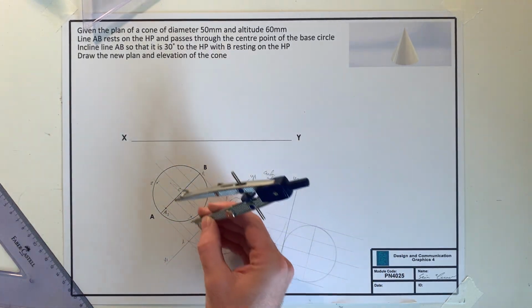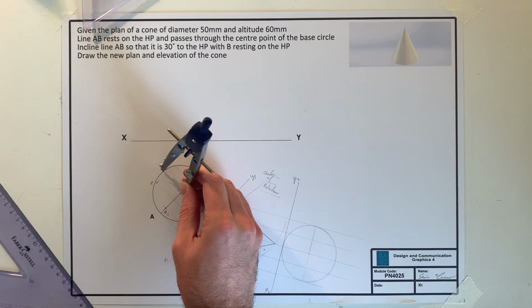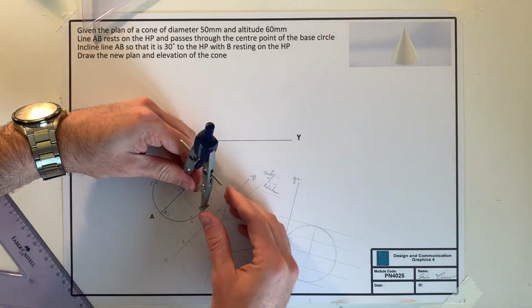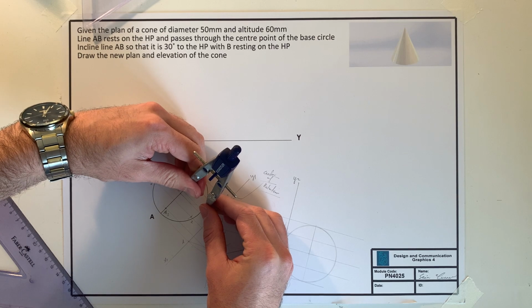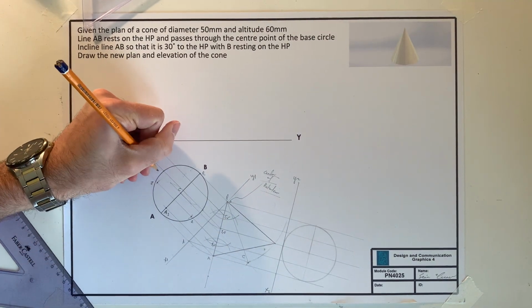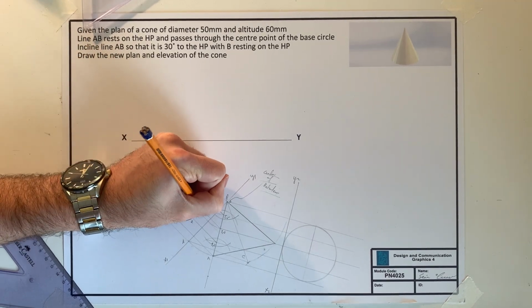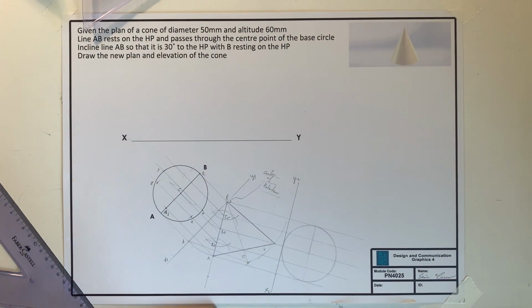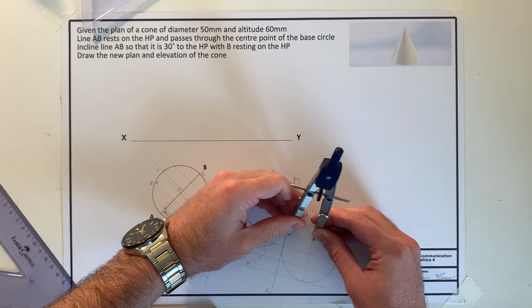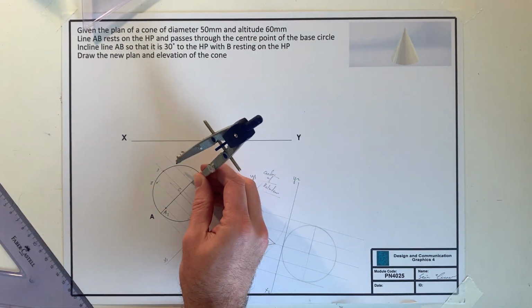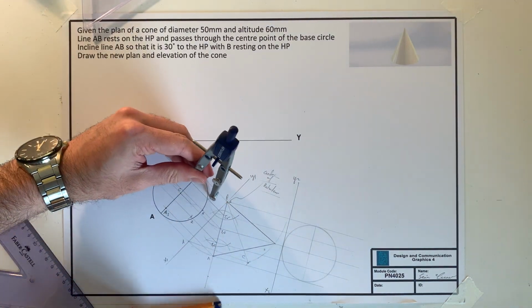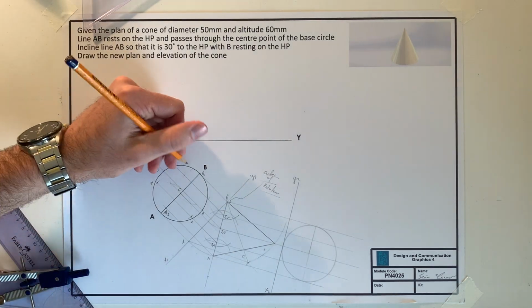This should go outside the other circle. Barely. There. And there. That's called 3 and 4. Five and 6, just outside again.